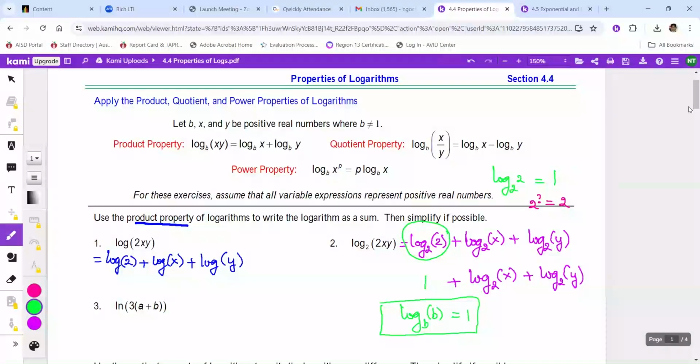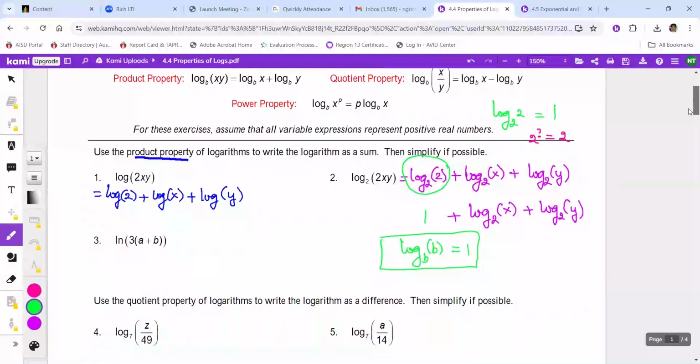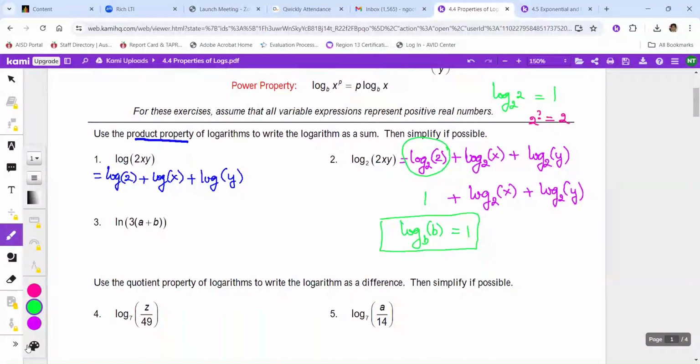Okay, so let's move on to the natural log. Here we have the natural log of the product 3 times the sum. Keep in mind that for natural log, the base is base e. Again, we're using the product property.